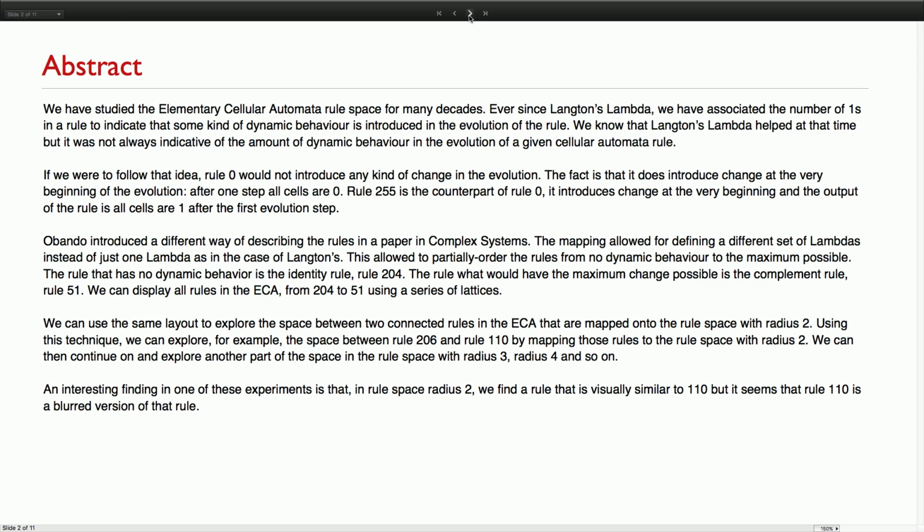The identity is zero change. That means whatever comes into the rule is exactly what comes out. And 51 is completely the opposite, because 51 is the complement. Whatever I have as a 0 goes to a 1, and whatever I have as a 1 goes to a 0. So we go from completely inert, where nothing changes, to completely changing, and we have everything in between.